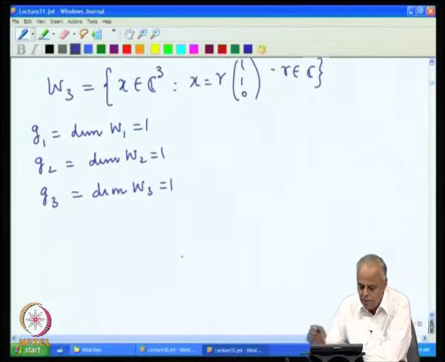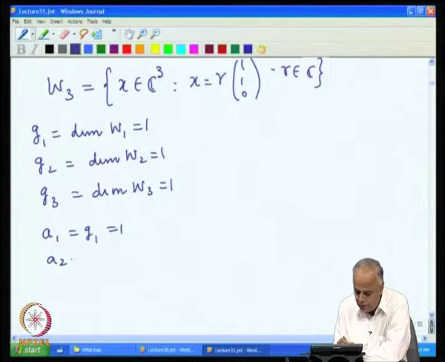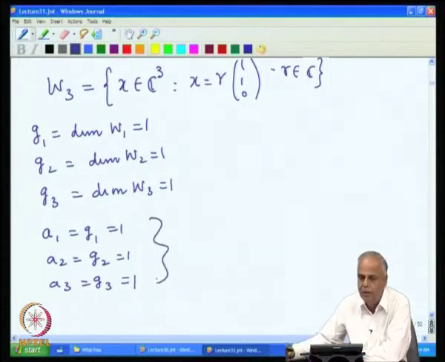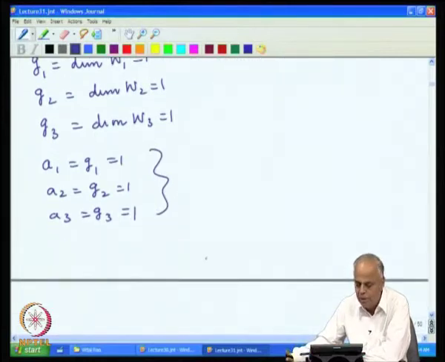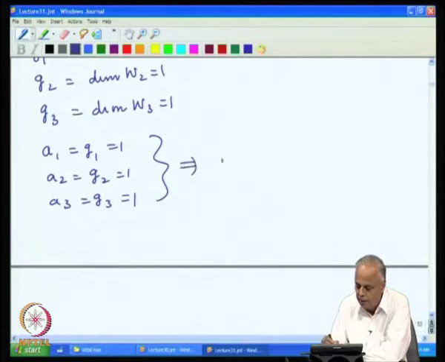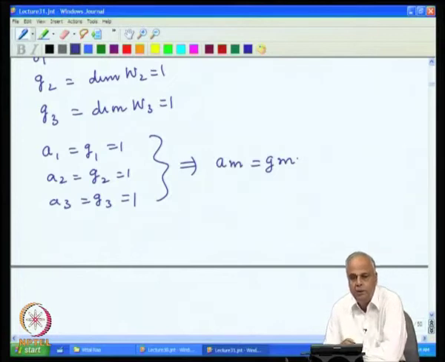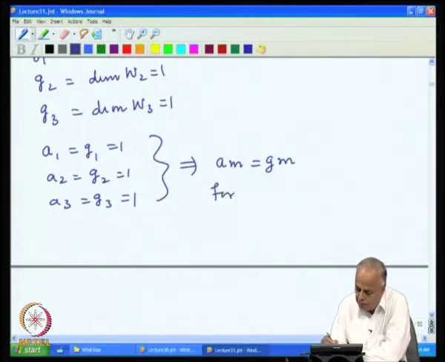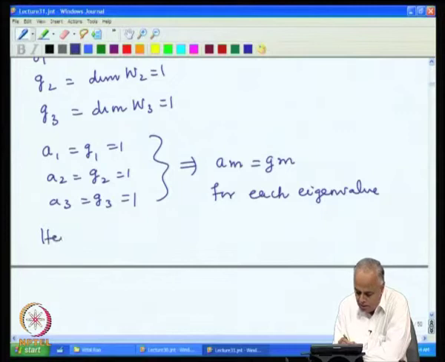So, in this case we find that A 1 is the same as G 1, A 2 is the same as G 2 and A 3 is the same as G 3. The algebraic multiplicity is equal to the geometric multiplicity for each eigenvalue. Hence, A is diagonalizable.